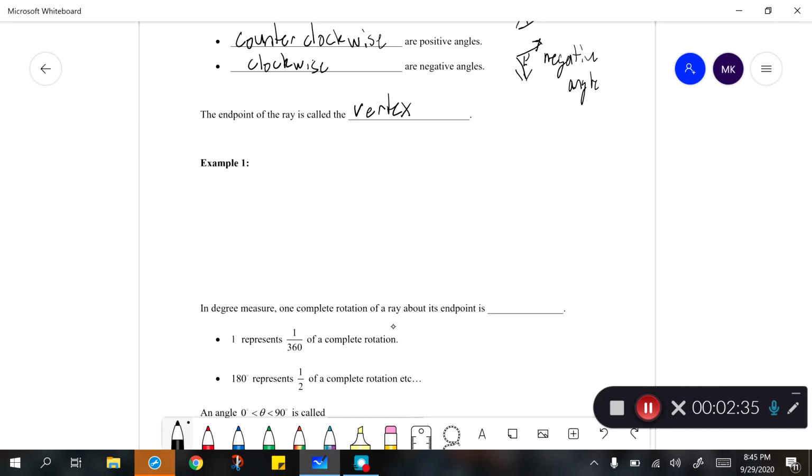Now, what's really important with angles is talking about them in what we call standard position. So standard position, let me write this out.